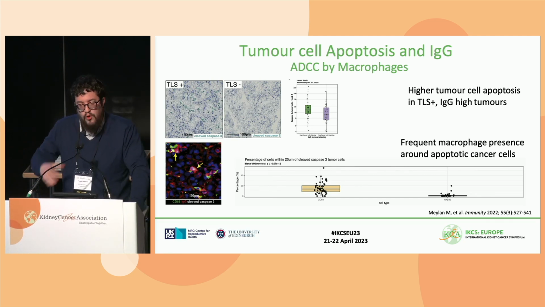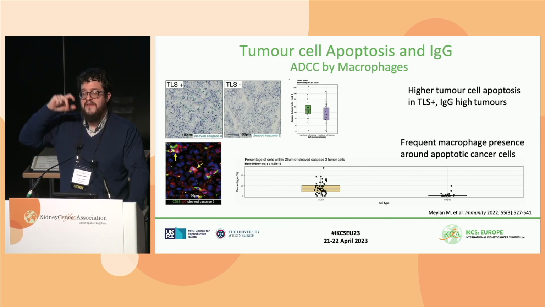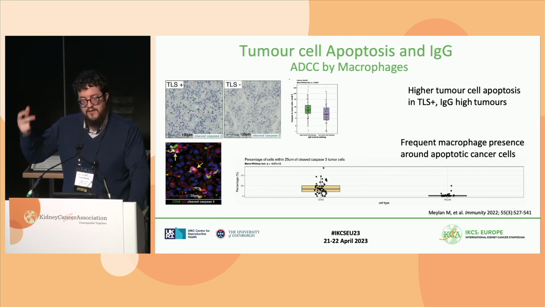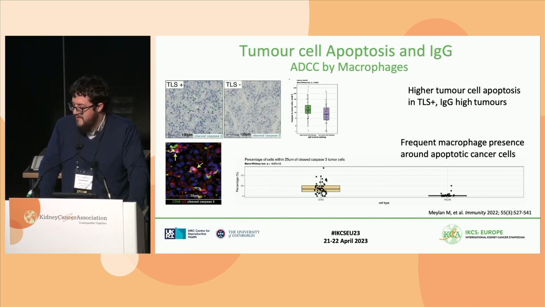We looked at what kind of cells could cause this apoptosis, and we found a strong presence of CD68 positive macrophages next to these apoptotic tumor cells. So basically, we have those plasma cells generating antibodies against tumor cells, and then those tumor cells are marked for apoptosis by ADCC through macrophages.